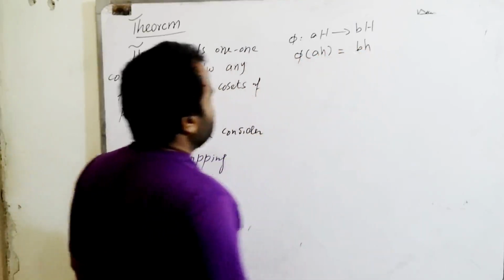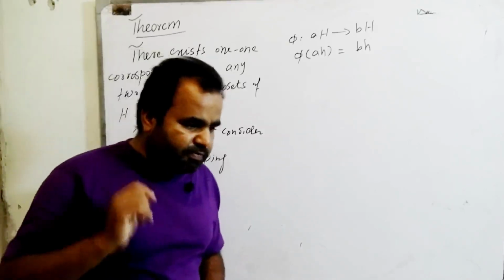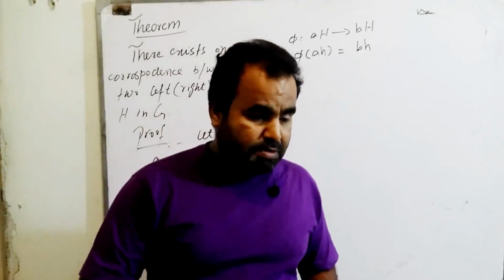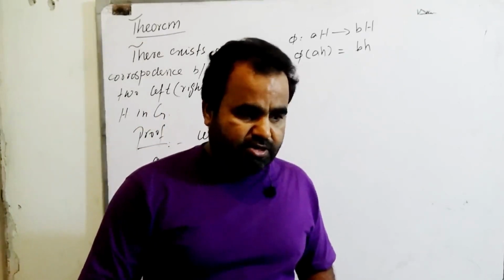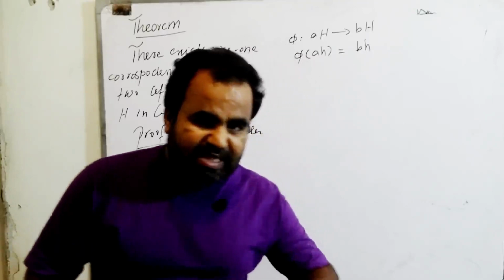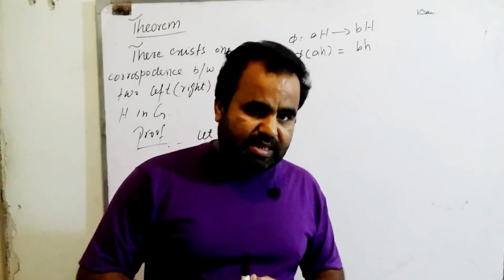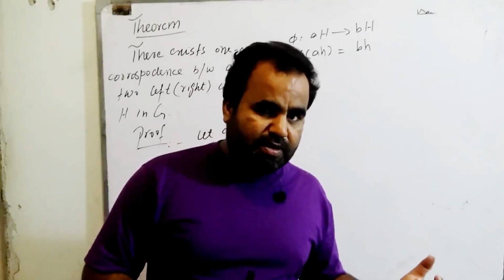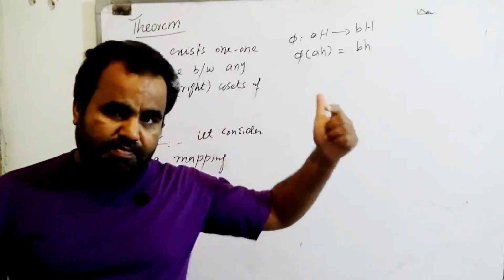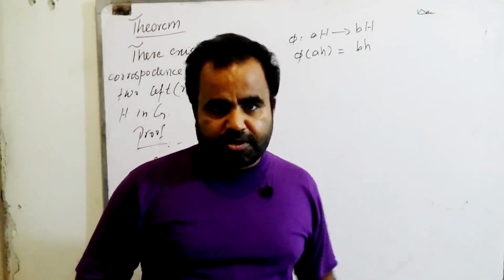We will prove that this mapping is one-to-one, onto, and well defined. When these conditions are satisfied, it means that there is a one-to-one correspondence between AH and BH.